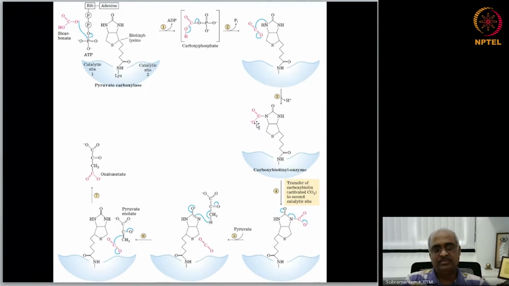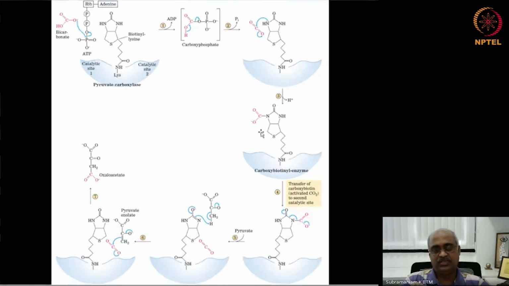By then, this tether also swings to the other active site, this trans-carboxylase site, and there an abstraction of a proton by this nitrogen from pyruvate leads to an enolate intermediate.